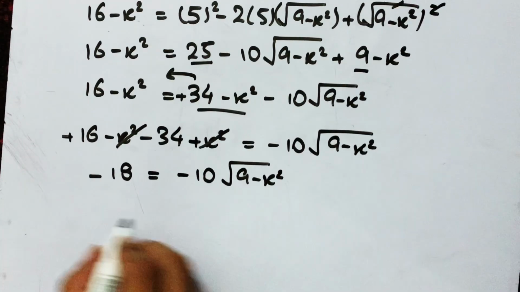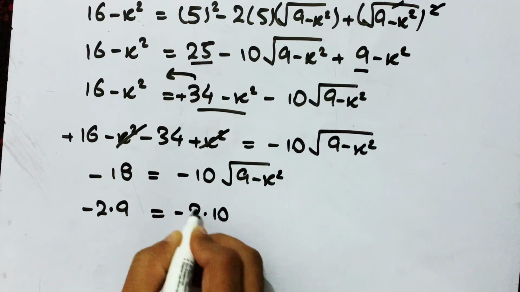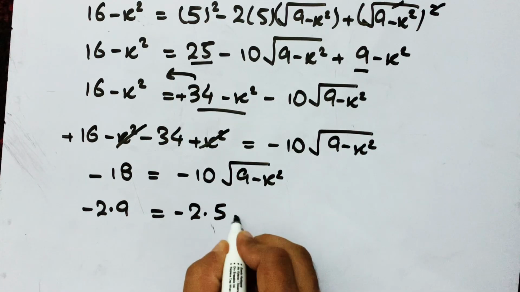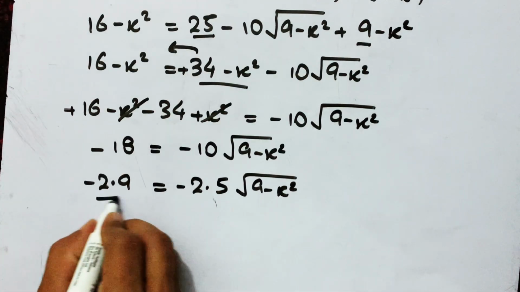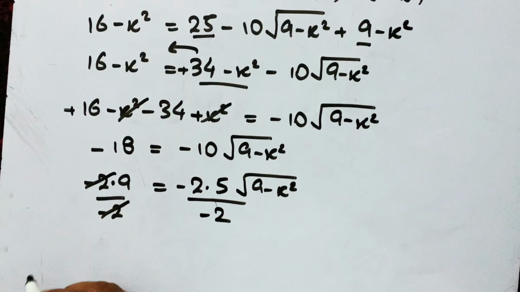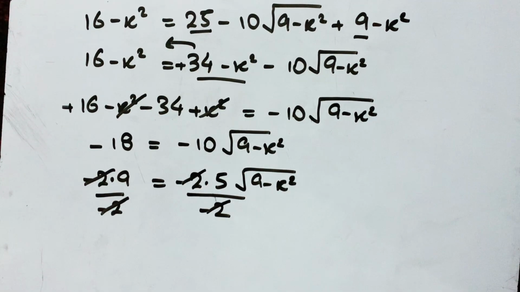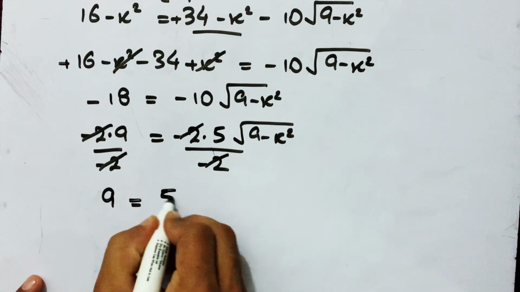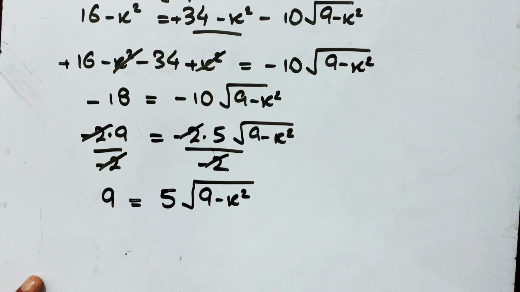So I write minus 2 into 9, and minus 10 is minus 2 into 5. Taking both sides divided by minus 2, the common factors cancel out. So the equation is 9 is equal to 5 times the square root of 9 minus x square.